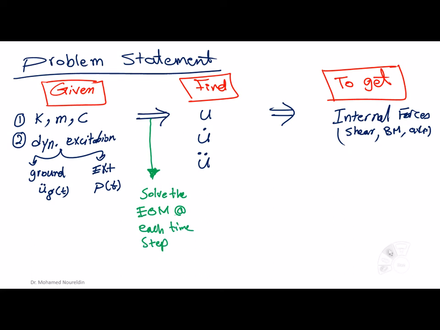That's the most important thing. We are going to solve the equation of motion at every time step, and we are going to get u dot and u double dot.